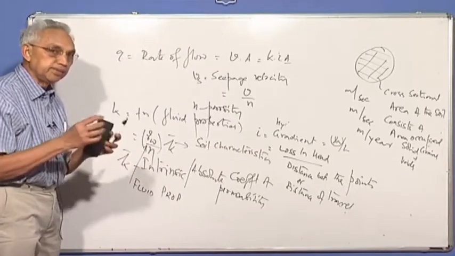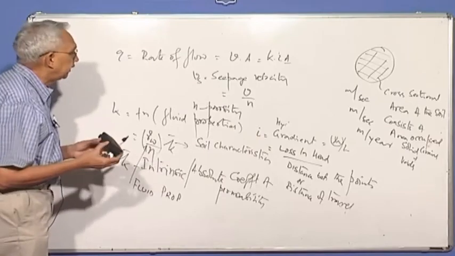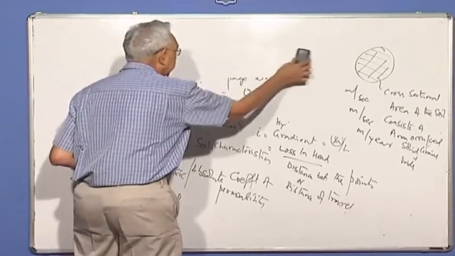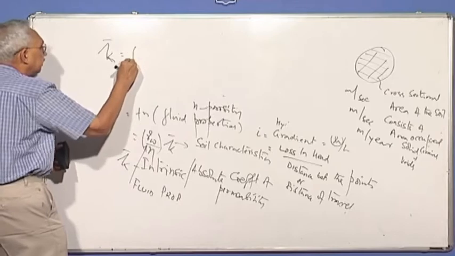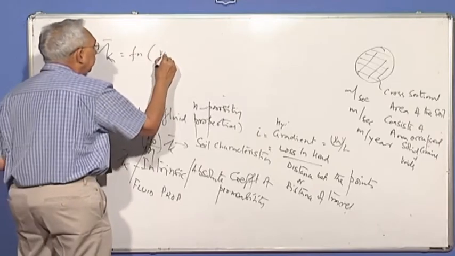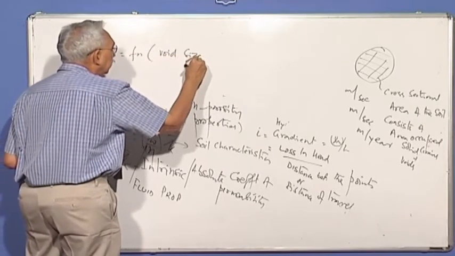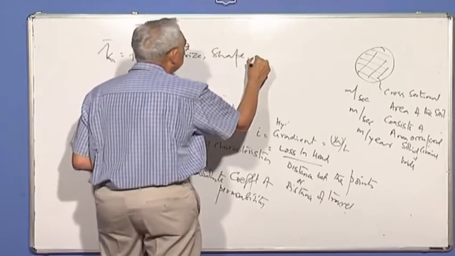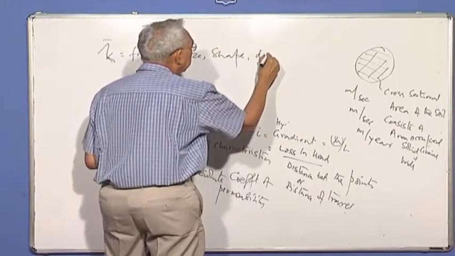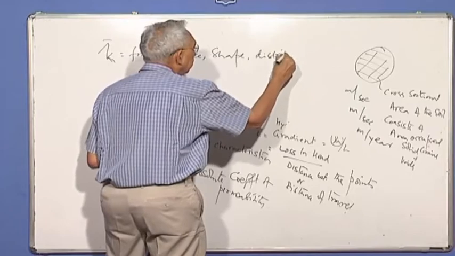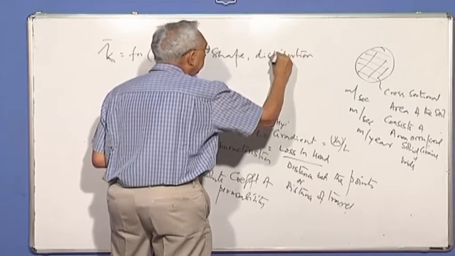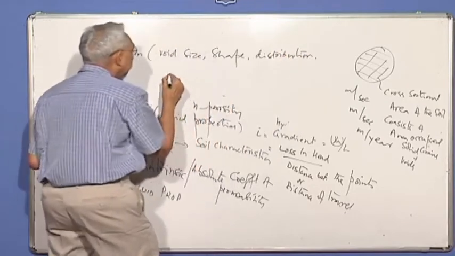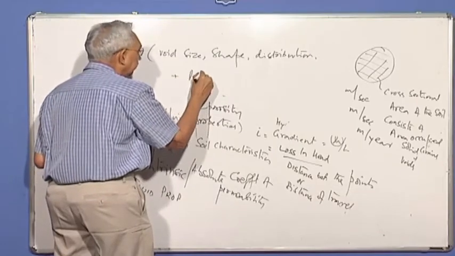What does it mean when I say soil characteristics? It means it's a function of the void space, size, shape, distribution, etc. K is a function of void size, shape, void distribution. You may not have the same void sizes, they can keep varying, plus what is called tortuosity.